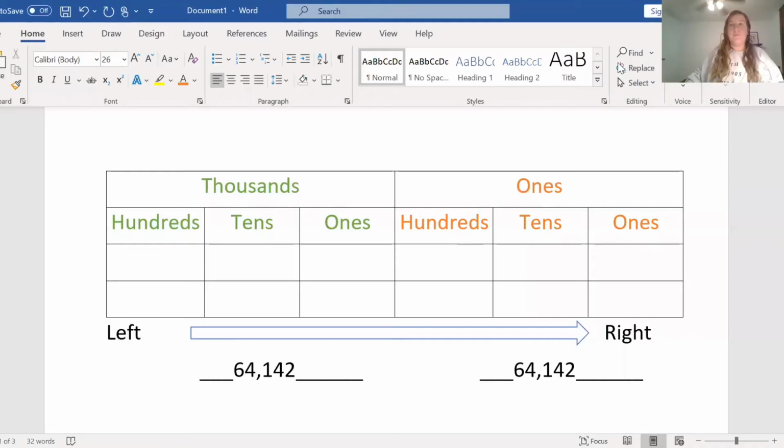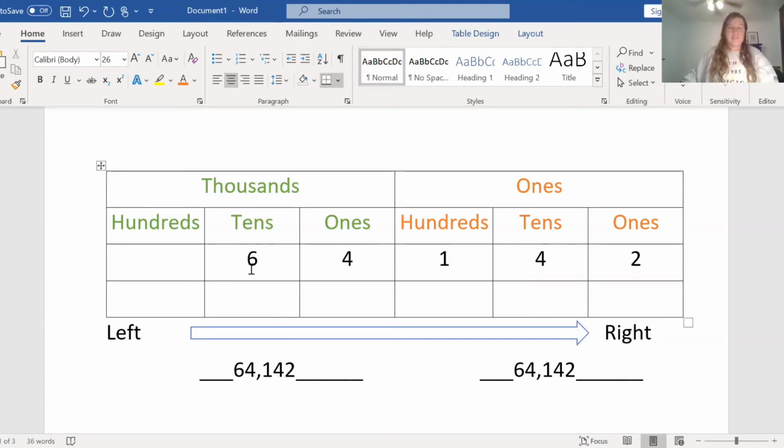Let's try another example. All right, so here I've written two more numbers. Go ahead and jot those down. I have 64,142. Over here, 64,142. Let's fill in this place value chart and see how these numbers compare.